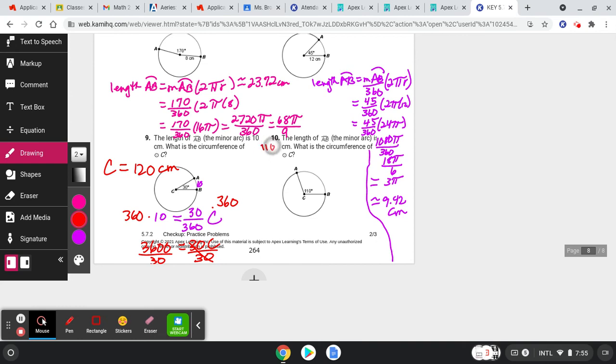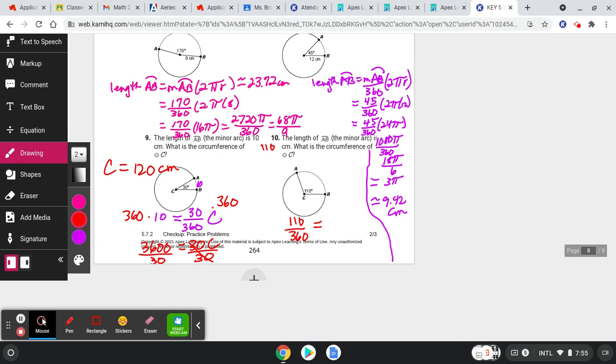By the way, that got cut off again. What is the circumference? So we know that 110 out of 360, the length of AB minor arc is, sorry guys, I'm just looking on mine real quick because it looks like that got cut off.